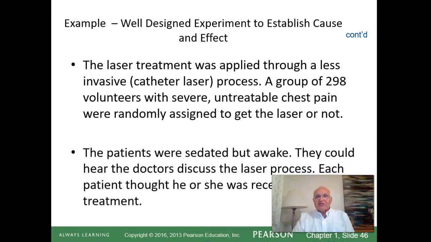So everybody had something done to them that looked like they were getting the procedure. Patients were sedated, but they were awake. They could hear the doctors discuss the laser process. Each patient thought they were receiving the laser treatment, but only half of them received it in actuality.